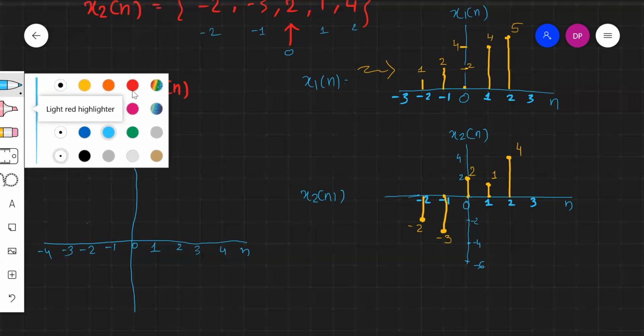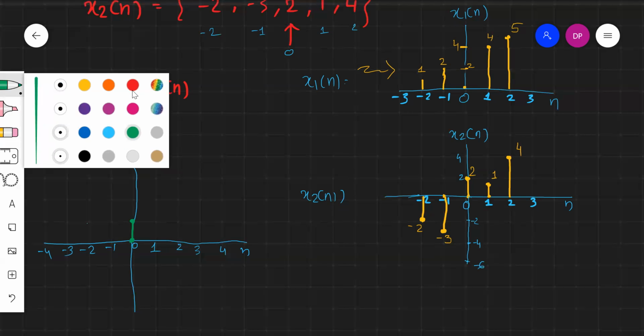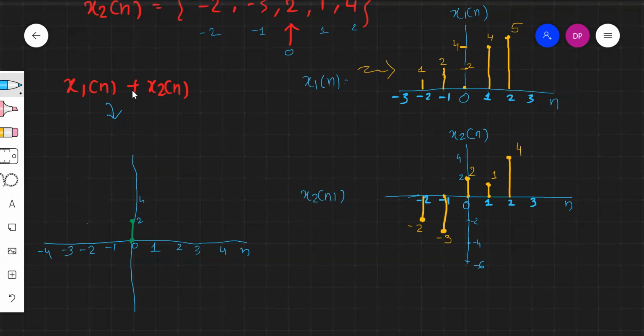At the 0th index, the value is 0 for x1 of n and 2 for x2 of n, so the sum is 2.